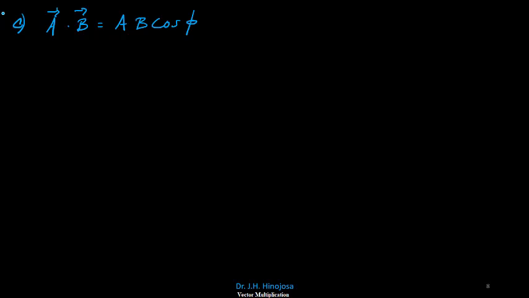So we can solve for the cosine of phi, and this is A dot B over the product of the magnitudes of A and B. We already know what the dot product is of A and B. That's minus 3.0. We divide by the magnitudes of A and B.